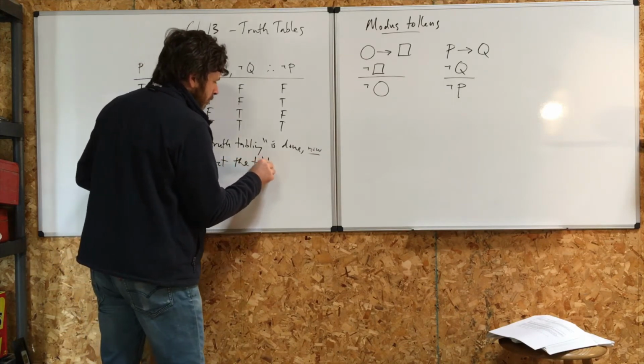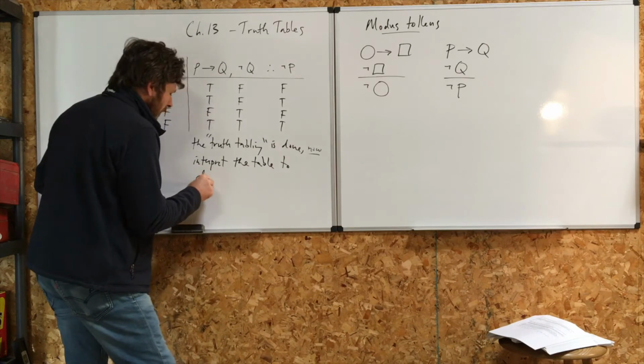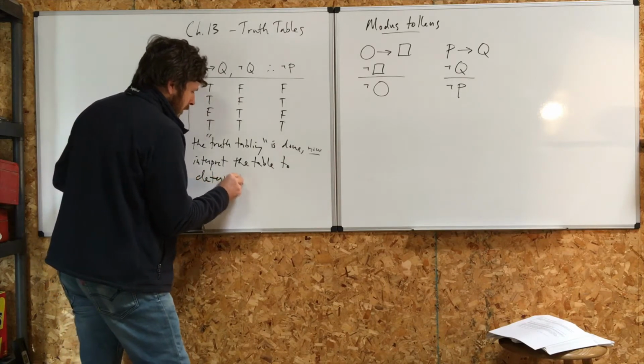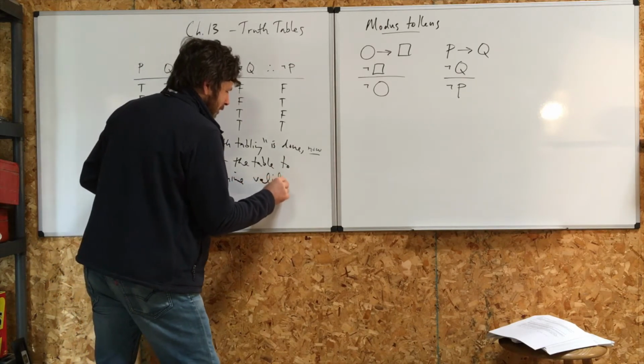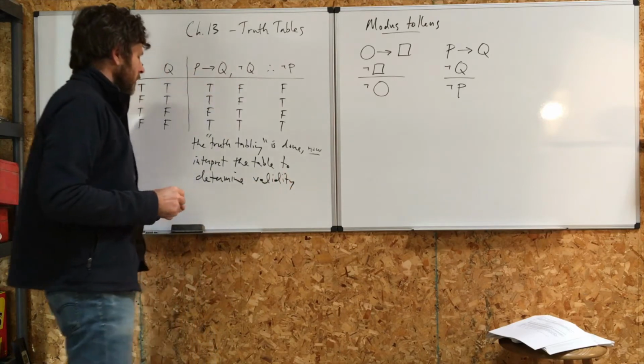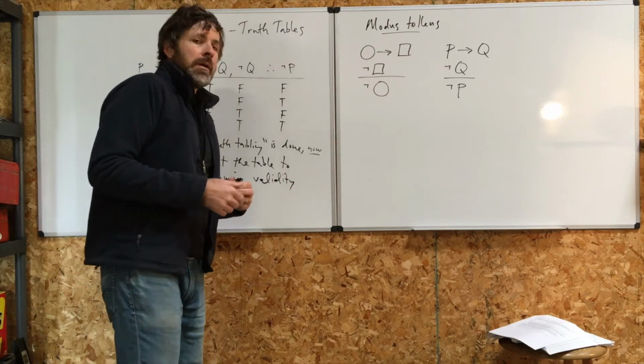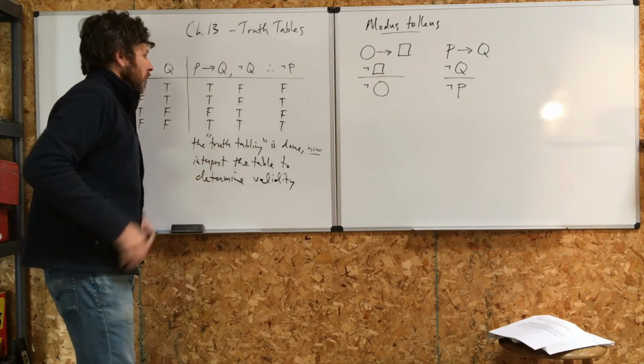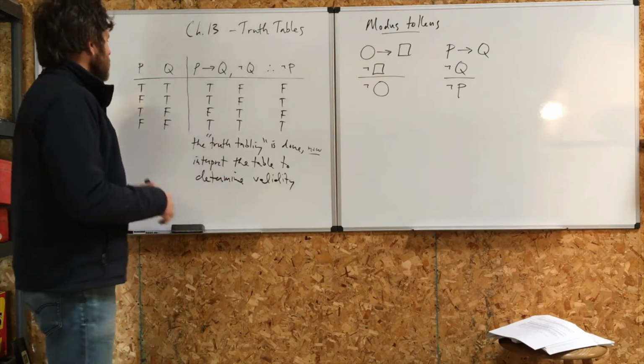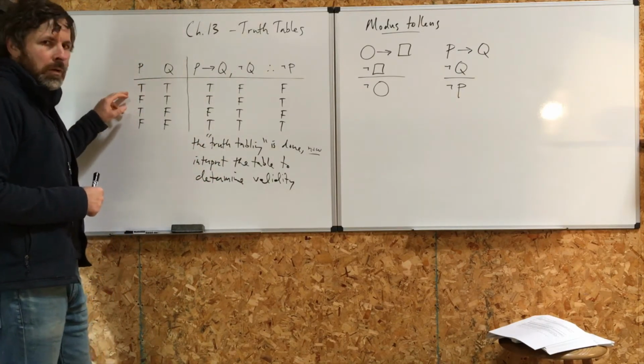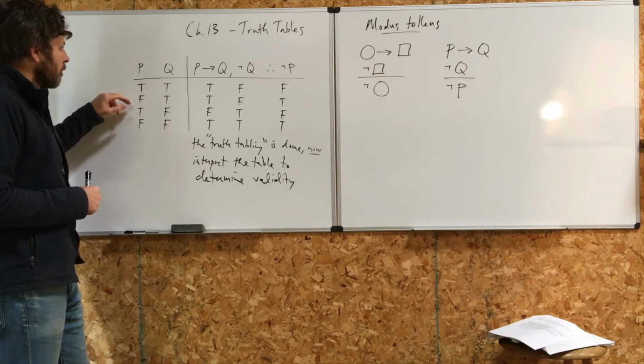The table to determine validity. What you should do here is look for a row. There are 4 rows, so go through the rows.